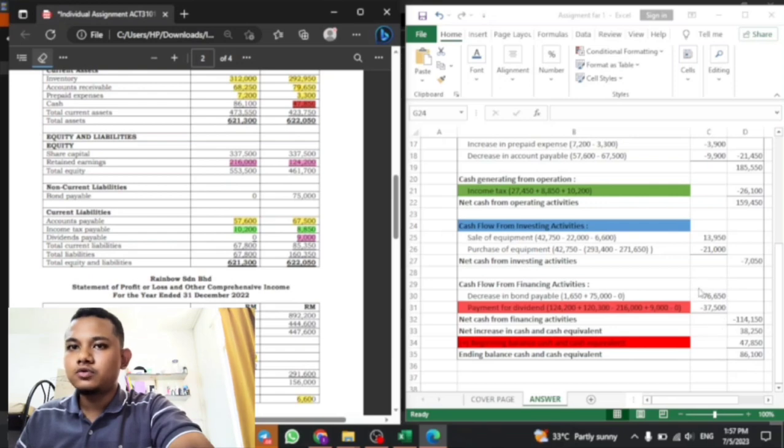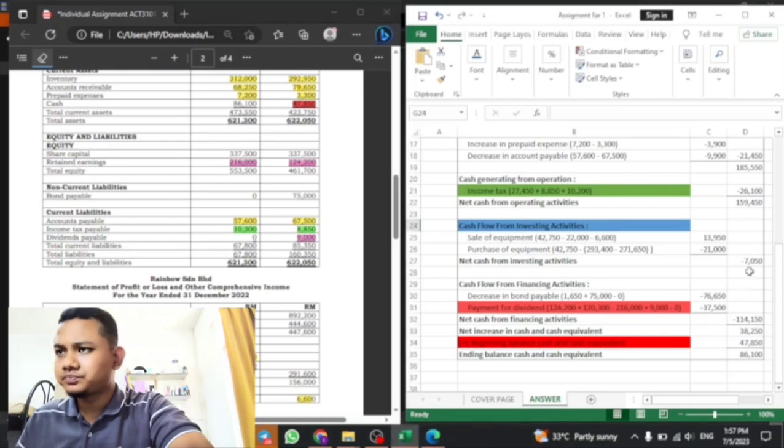I add the two items here, and I get the total net cash from financing activities, which is RM114,150, and I add these three amounts from this column, and I get net cash from financing activity.